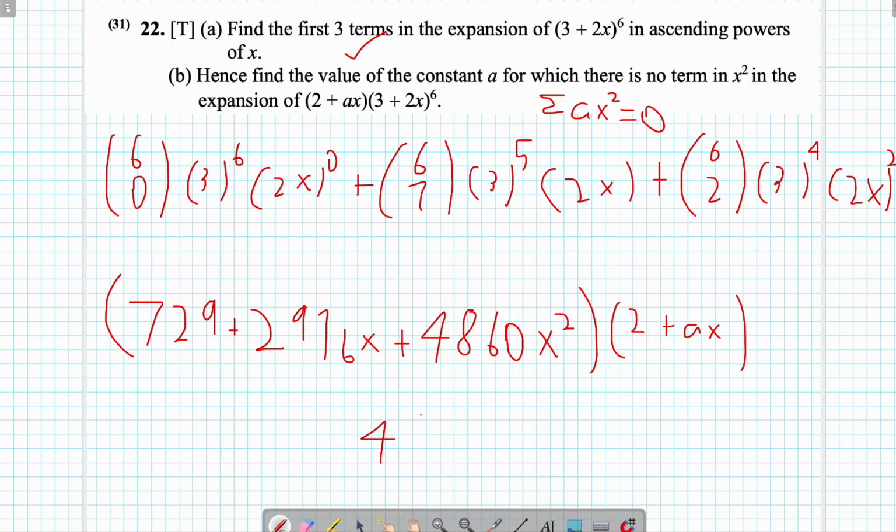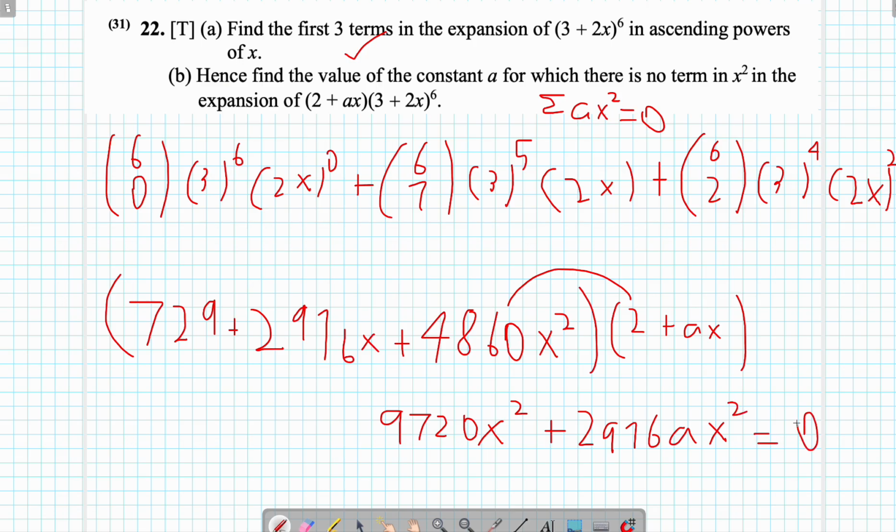So 4860 times 2, which is 9720, so 9720x squared, plus 2916ax squared. Again, that's equal to 0.